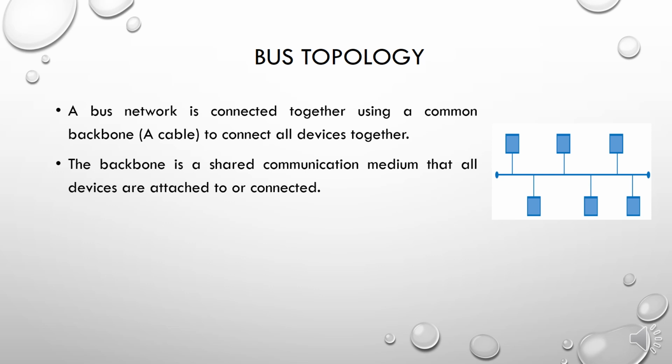So the backbone is a shared communication medium. Why? Because all these 6 network users are sharing this network cable. That is why it is called a shared communication medium, because all of them are sharing a single medium. So if one device wants to communicate with another device, it will broadcast the message through the medium.